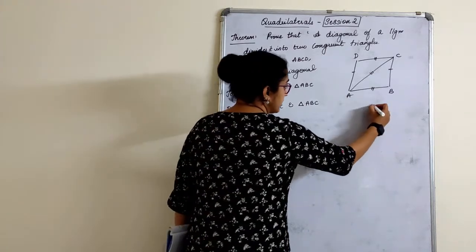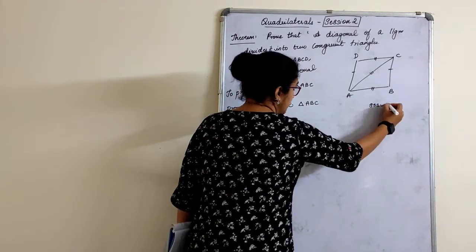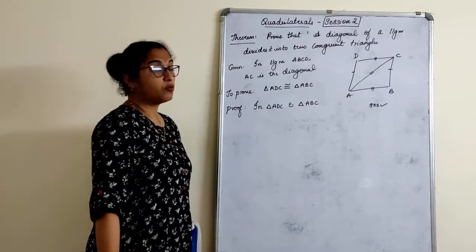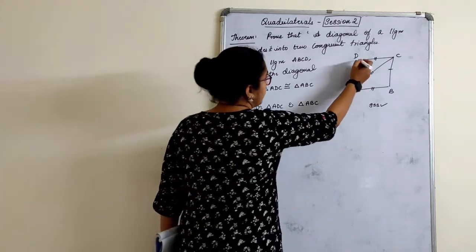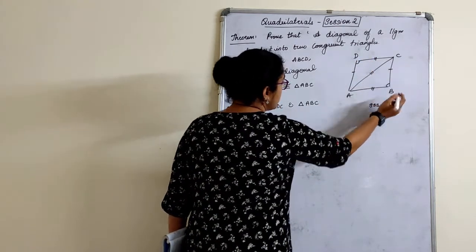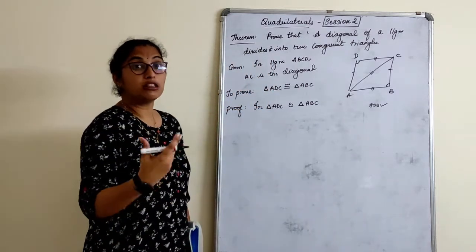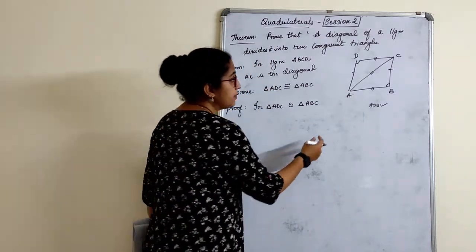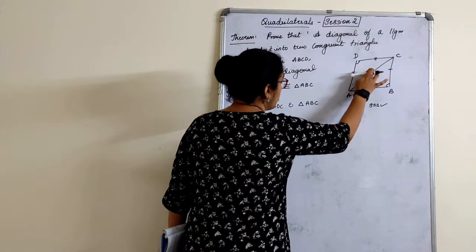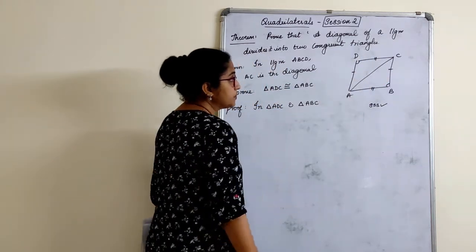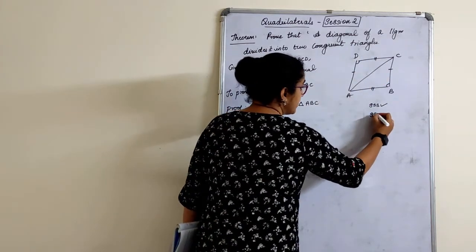Which congruency criteria? SSS, I can prove it. If I don't want to do this by SSS, I can say that opposite angles are equal. I need to know all the properties. I can prove this where I will not choose the common side, but use opposite angles are equal and prove this by SAS.